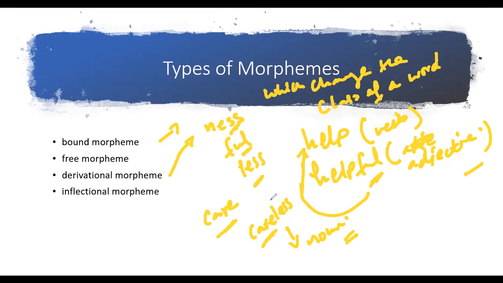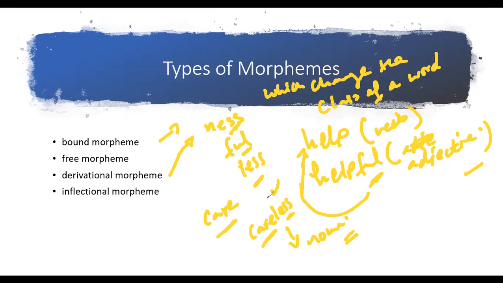It means that "less" is a derivational morph. Why? Because it changes the category of the free morph, which was a verb before this "less" morph was added to it.